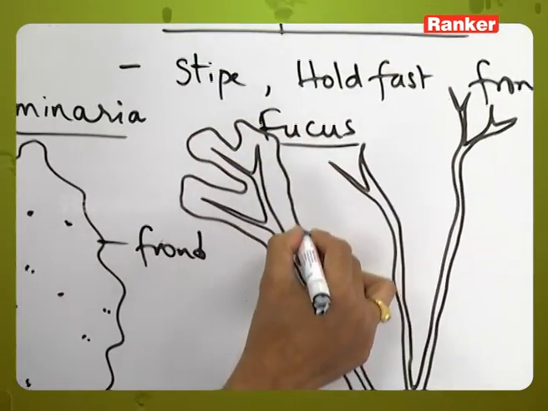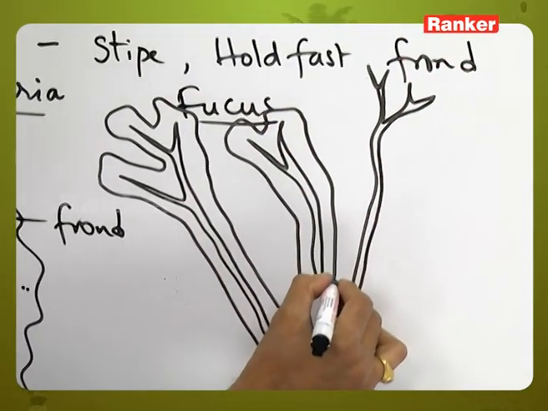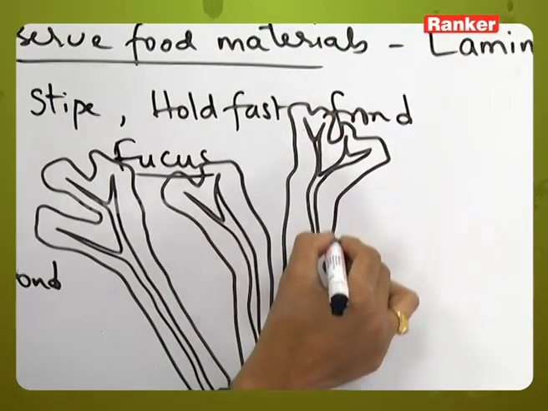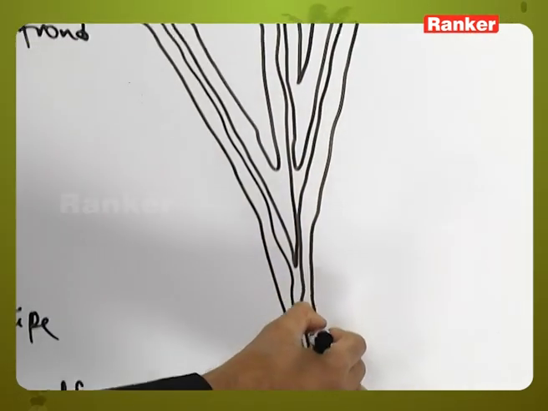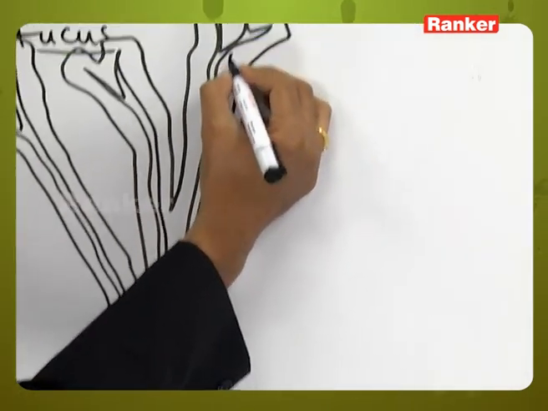This is a frond structure with a midrib-like structure, and apart from this, they contain gas vacuoles or air bladders.